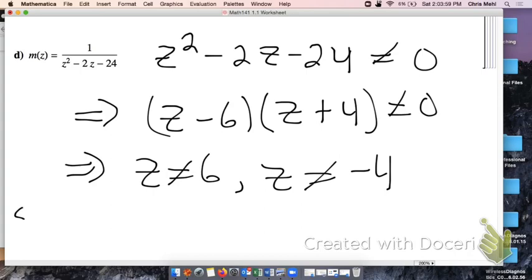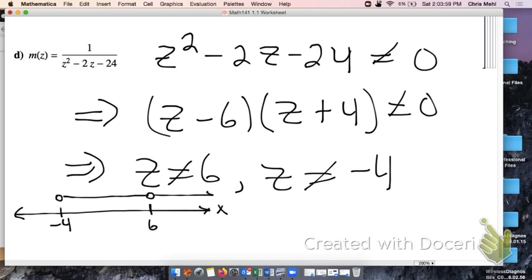You might be able to visualize the domain. So here's a number line. This represents the x-axis. Here's -4. Here's 6. And I want you to notice you have to avoid those numbers. So I draw open circles to represent holes. And then x can be anything but where those open circles are.